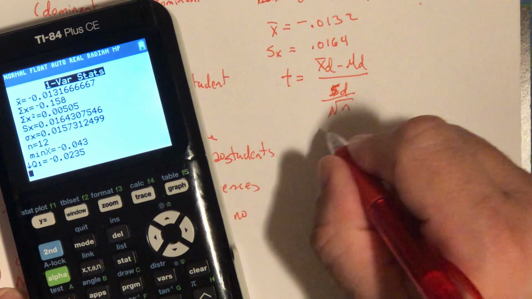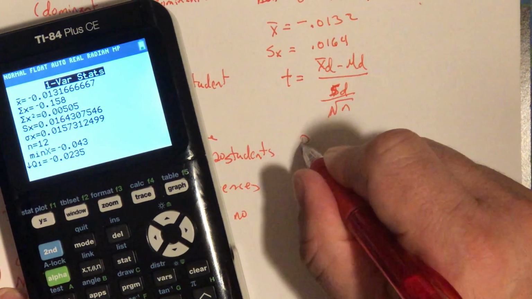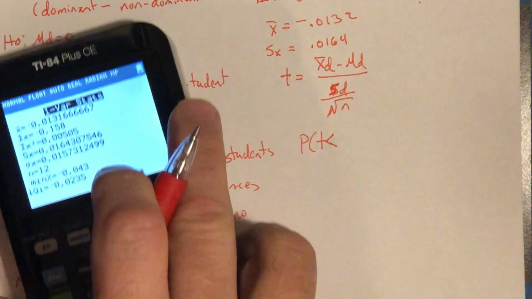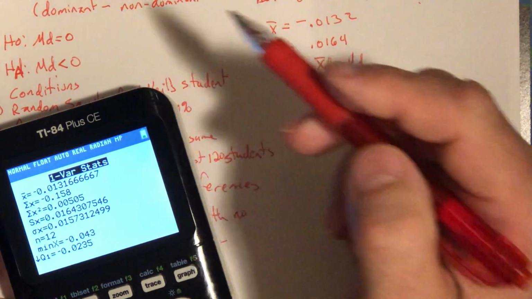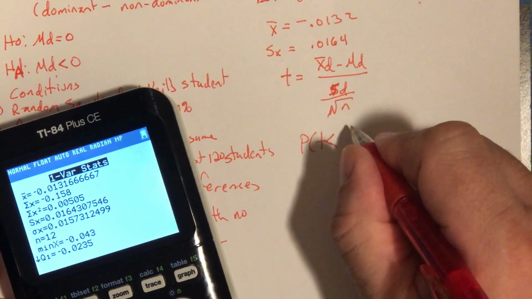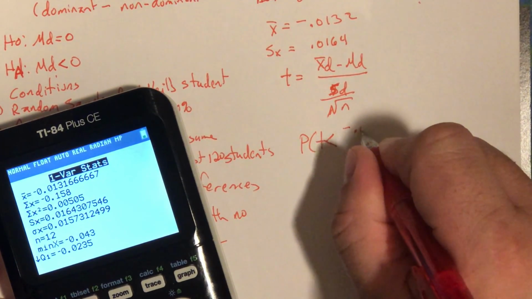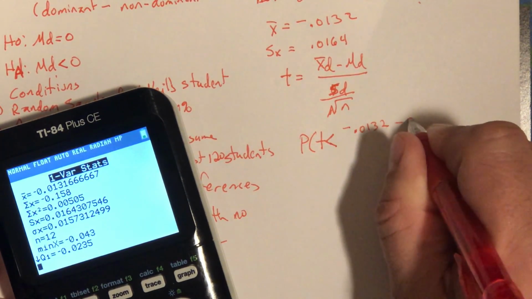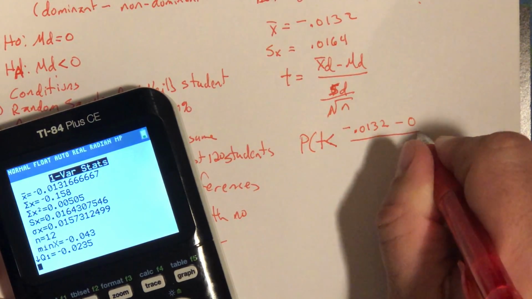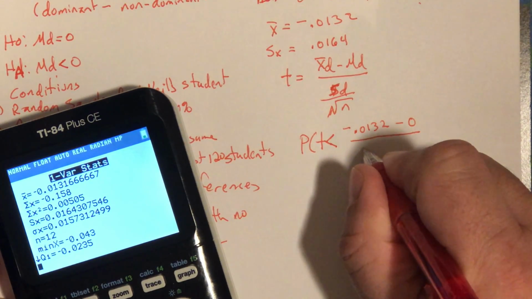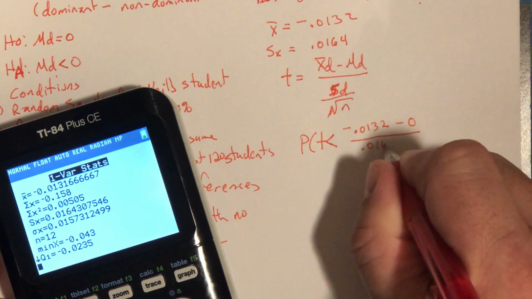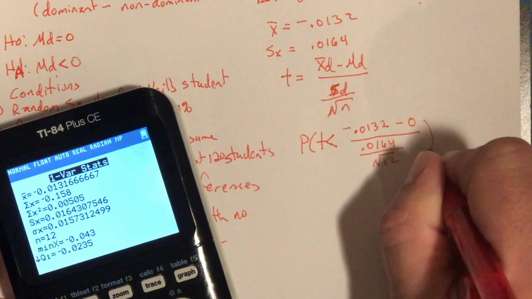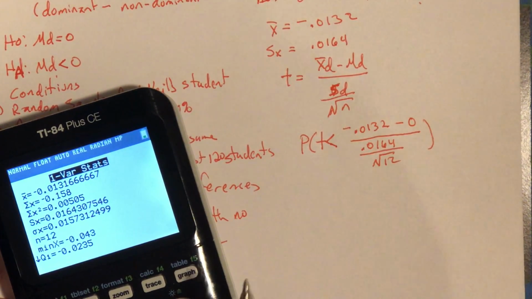So what I'm going to be looking for is the probability that t is less than, and I know it's less than because that's what I have as my alternative, negative 0.0132 minus the claim of 0 over 0.0164 divided by the square root of 12.